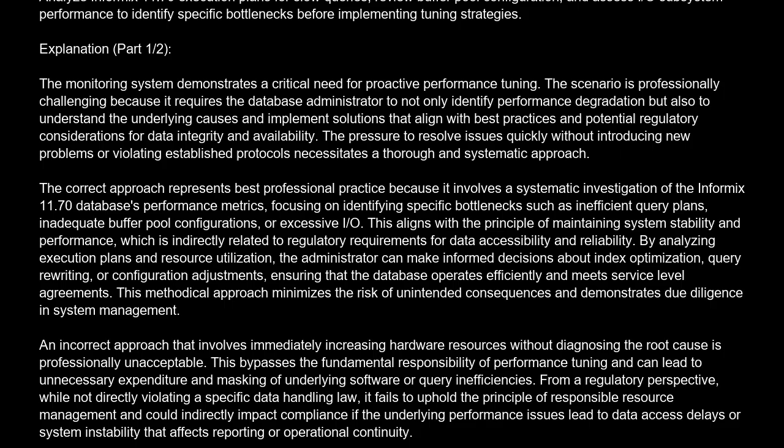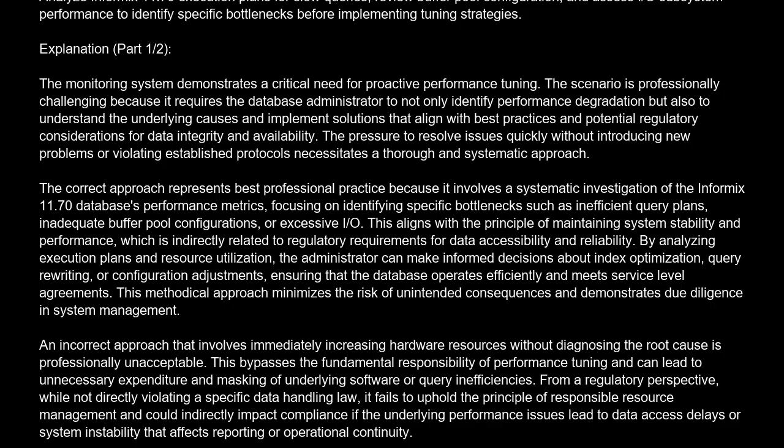By analyzing execution plans and resource utilization, the administrator can make informed decisions about index optimization, query rewriting, or configuration adjustments, ensuring that the database operates efficiently and meets service-level agreements. This methodical approach minimizes the risk of unintended consequences and demonstrates due diligence in system management.